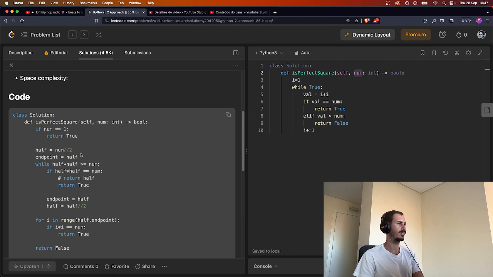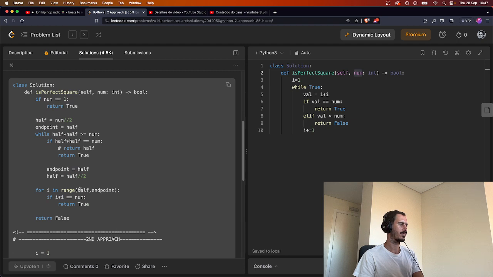So let's say our number is 10. We check half, which is 5. Endpoint. While it's bigger, if it's equal, then return true. And then we just reduce it to half. And then we go while the power of half is bigger than the number until it's smaller, and then we go from the smaller to the endpoint.